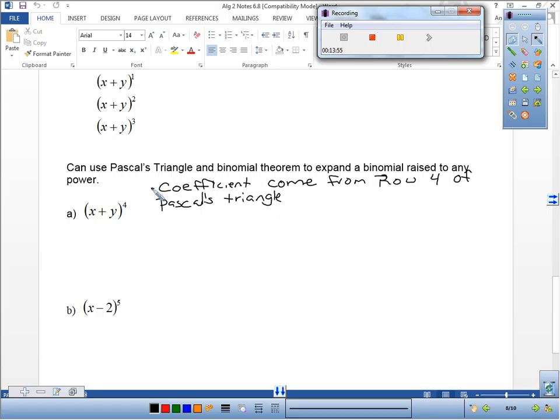Okay, so that's where the coefficients come from. Now you need to worry about the variables and the exponents. So this is the 4th degree. The x starts as a degree of 4 and goes down by 1.